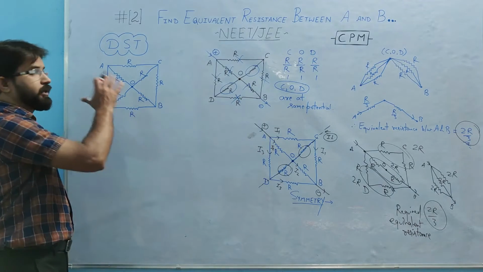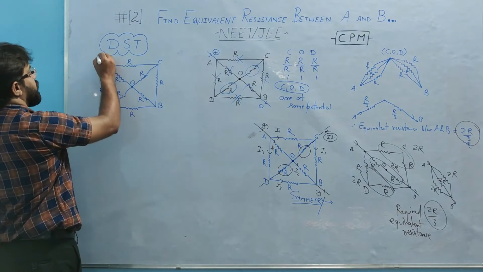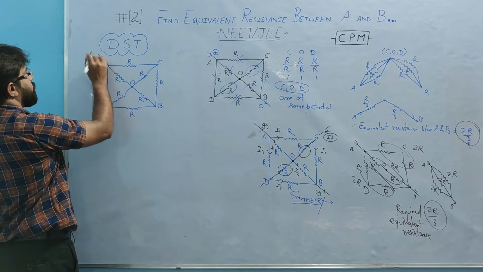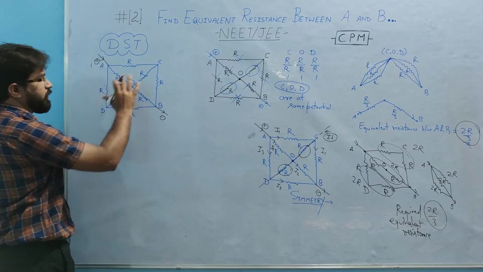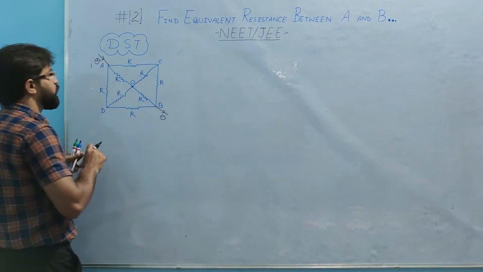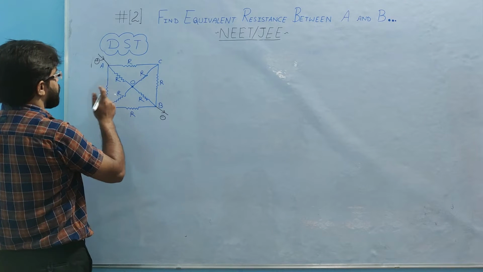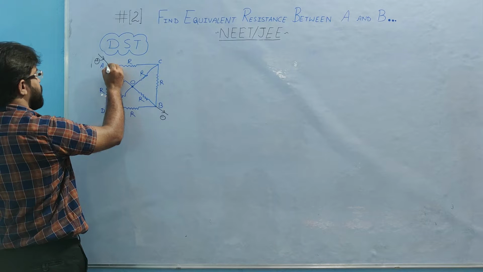Now the DST, delta star transformation. Delta star transformation, again we will connect point A positive, B negative. It would be a little lengthier. So what we are going to do is convert the deltas. So this I am taking here.